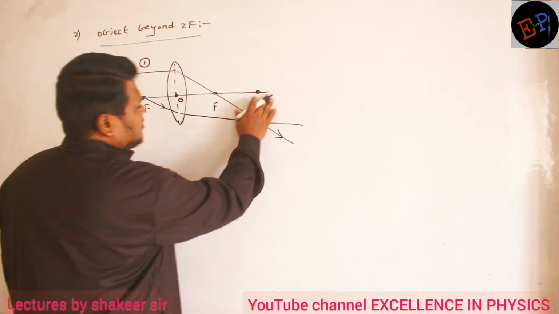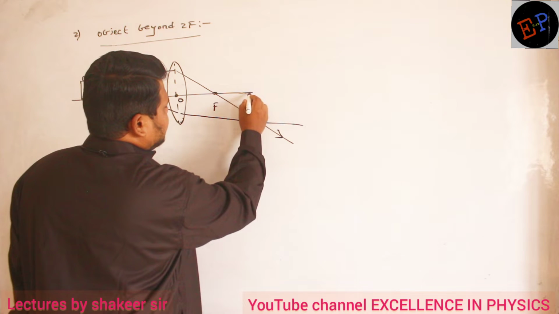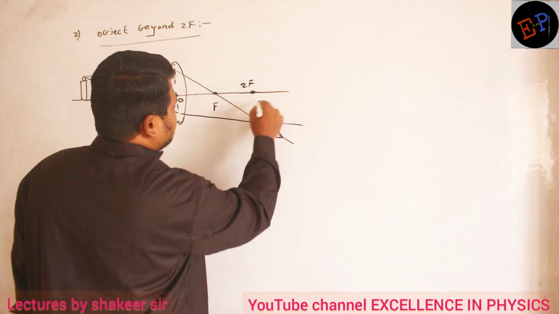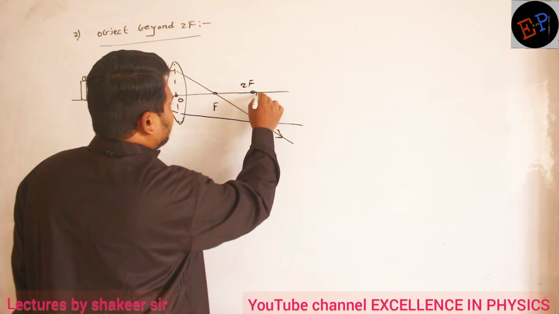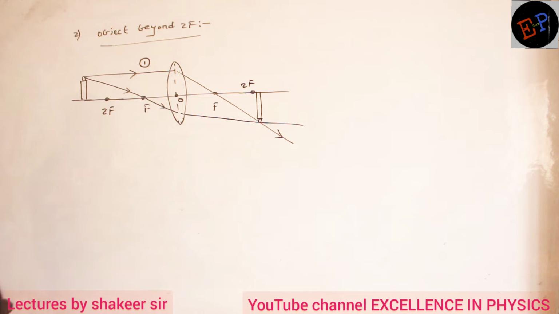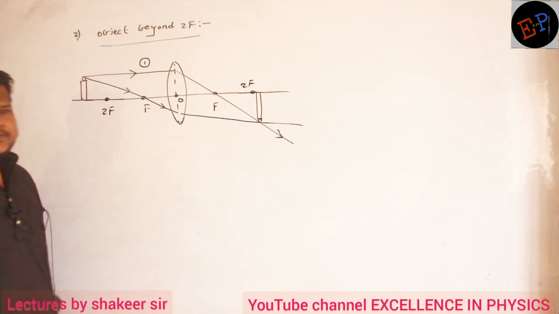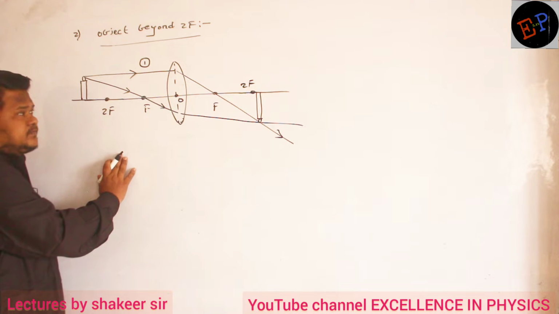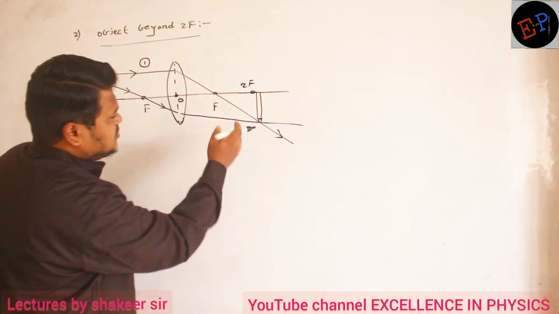Clear now? So actually where the image is created is, this is 2f. So here the image should be created. 100% accurate diagrams we cannot draw, because we always make mistakes in distances and radii of curvature. So this is how the image should be created. It is not beyond 2f.